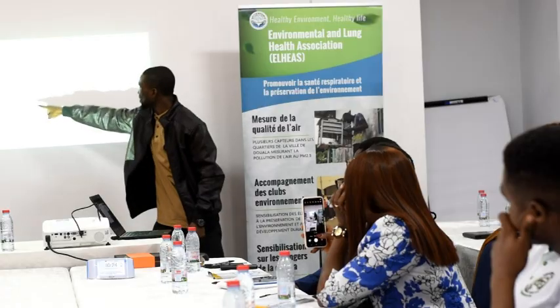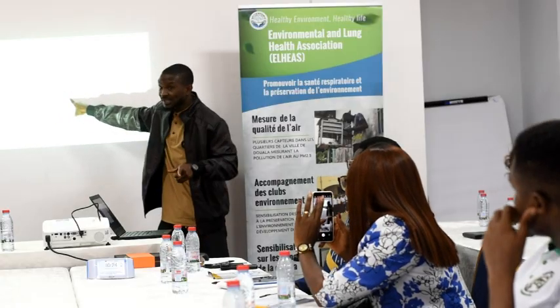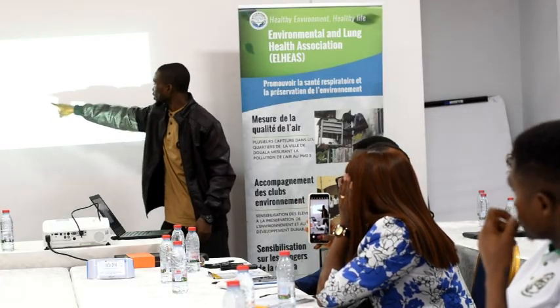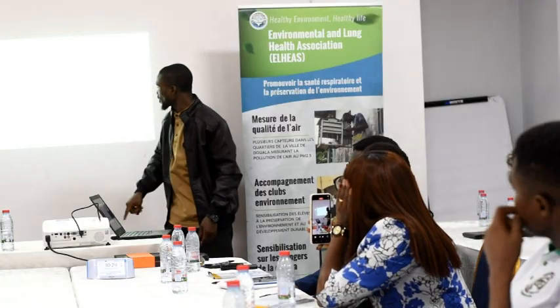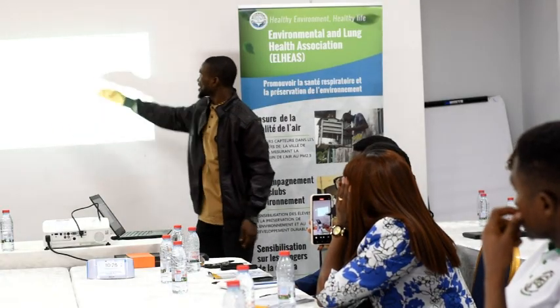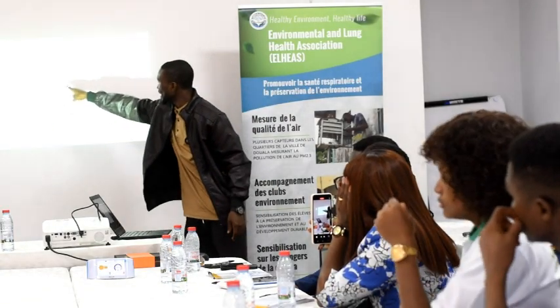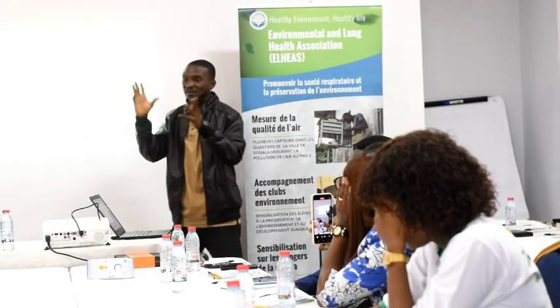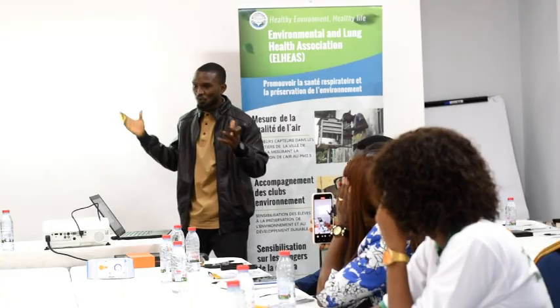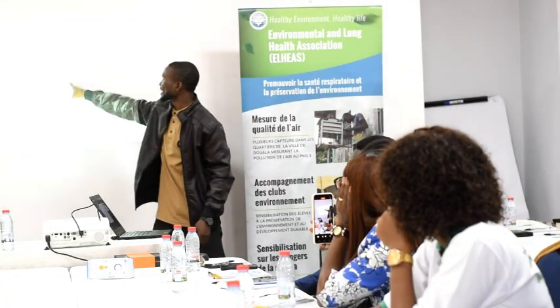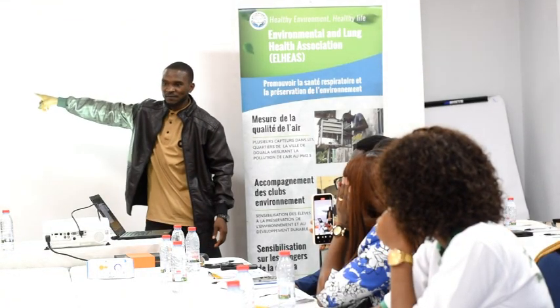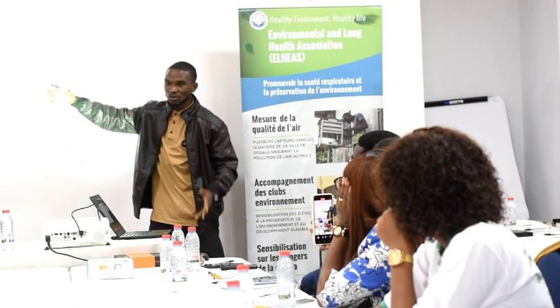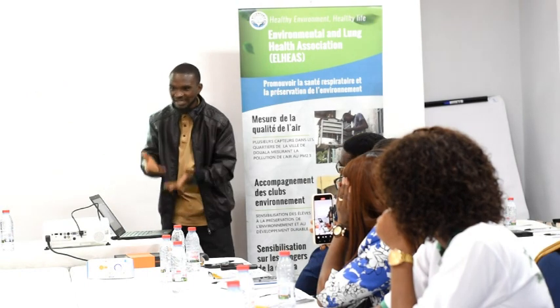You can have PM 10 of 70, still in that same air, and ozone of 100. You see annually here, daily here. It means that the average air you breathe throughout the year had this quantity of PM 2.5.